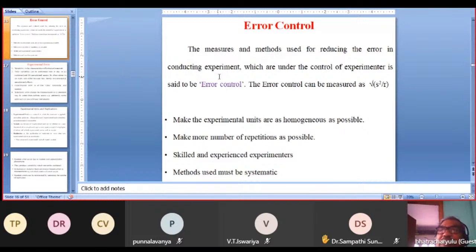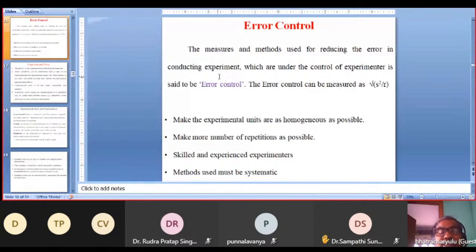Use skilled and experienced experimenters; those who lack experience should not be placed in the initial stage, and in that type of case, those observations you have to eliminate for the analysis.